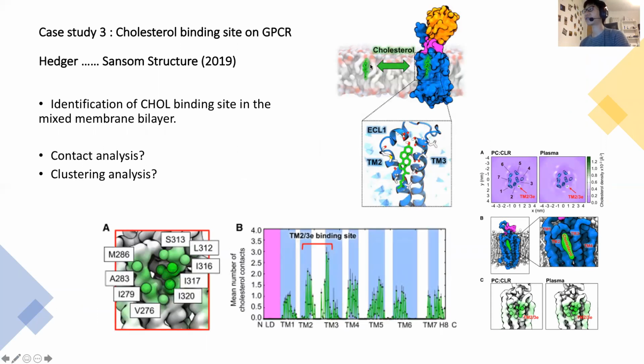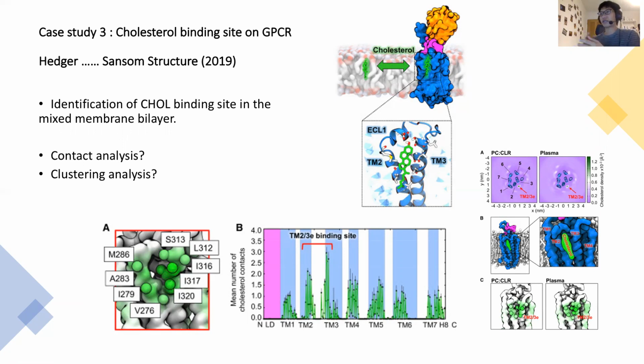Right, so we have cholesterol coming to one of the proteins, by randomly putting cholesterol in the box. It will equilibrate itself and find a binding site on the protein. Here we can identify the residues which are making contact with it, and these have been shown previously to nicely identify the binding site.